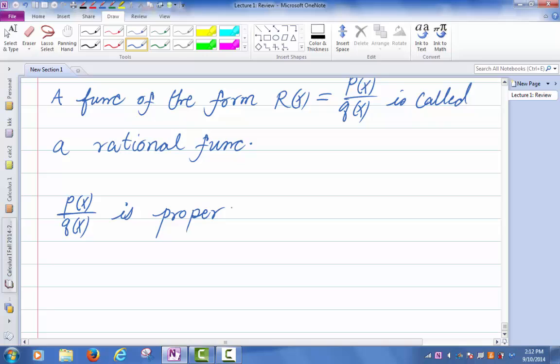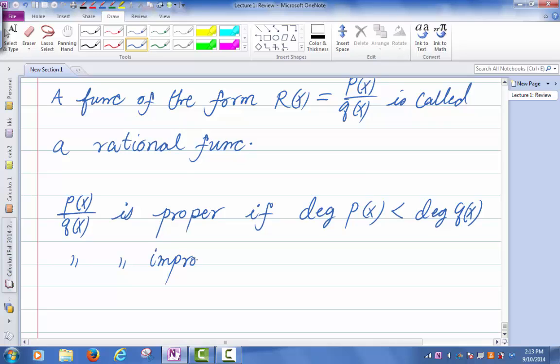So a proper rational function simply means that the degree of the numerator is smaller than the degree of the denominator. That's what we mean by proper. And it's improper if the degree of P is larger than or equal to the degree of Q.